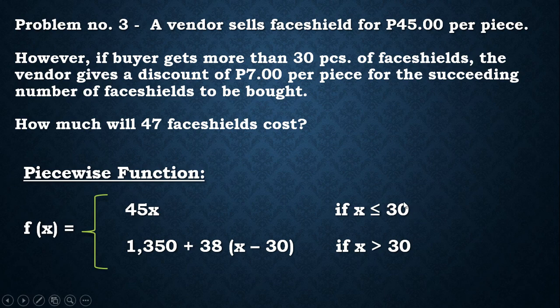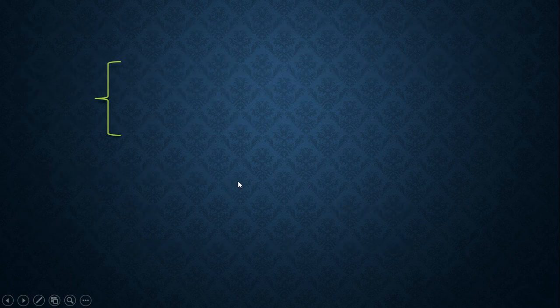You have to buy 30 pieces of face shield in order for you to enjoy the discount. And then if you are going to have the discount, you will have this function. X is greater than 30. Take note of the second condition, the first function and the second function of the piecewise function.